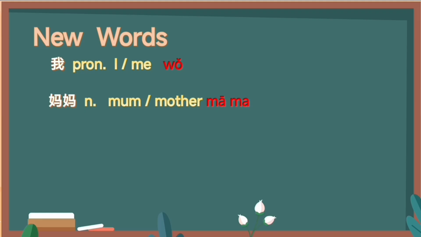As a reduplicated kinship term, the second syllable should be pronounced light and short. 他 he or him. 他 is the third person singular for male.